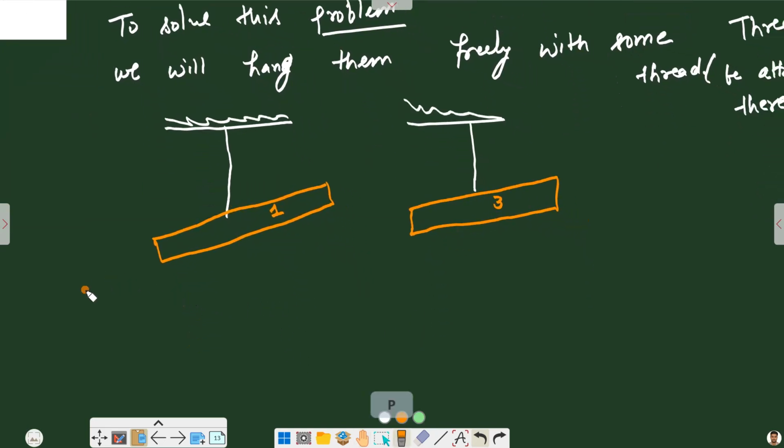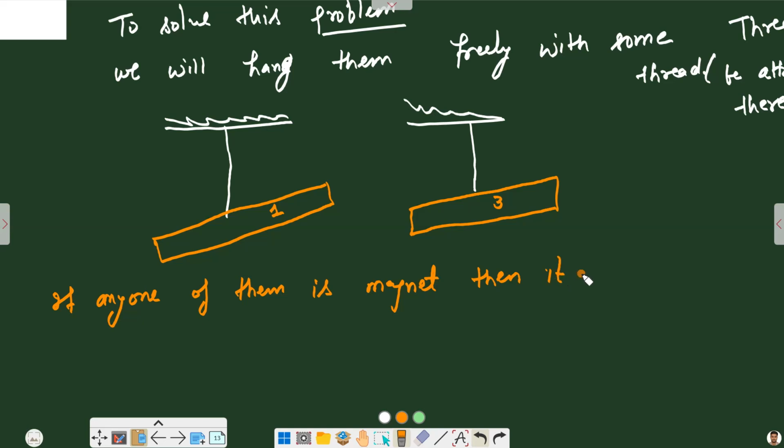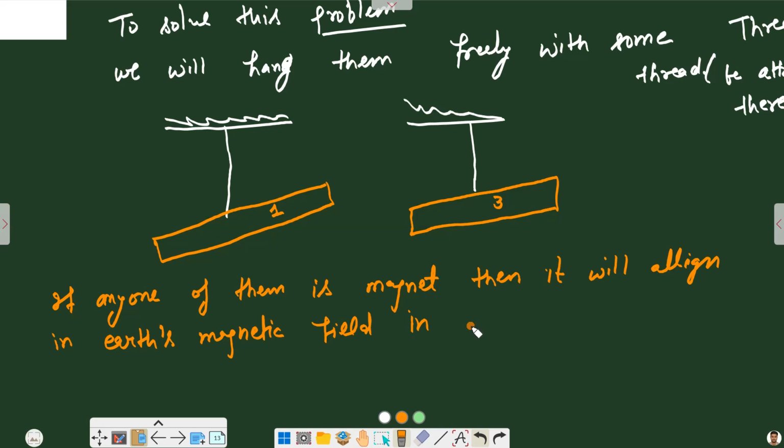Because when we freely suspend a magnet, it orients itself in the north-south direction.